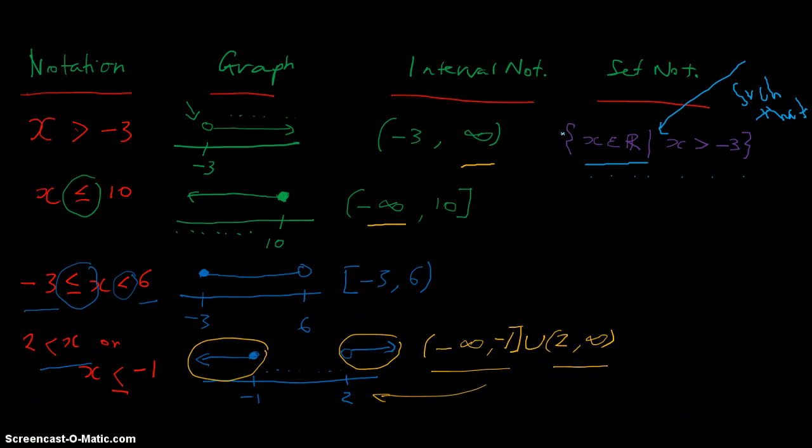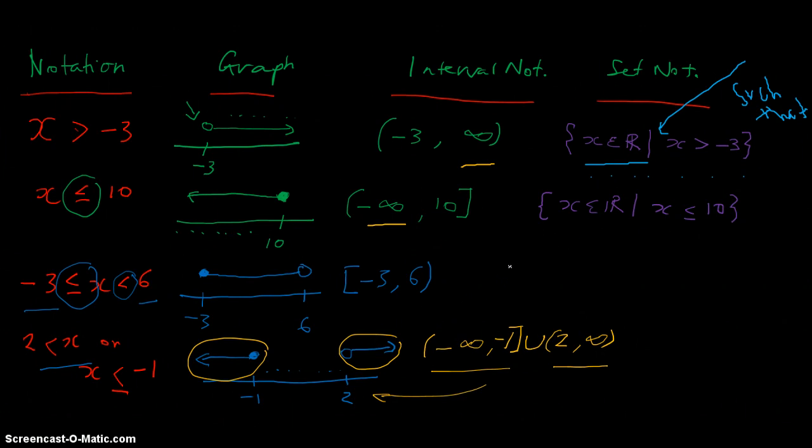Okay, so if you follow that same idea with the next bit, what we should get is curly brackets, x is an element of all real numbers such that x is less than or equal to 10. Okay, it's just a formal definition.